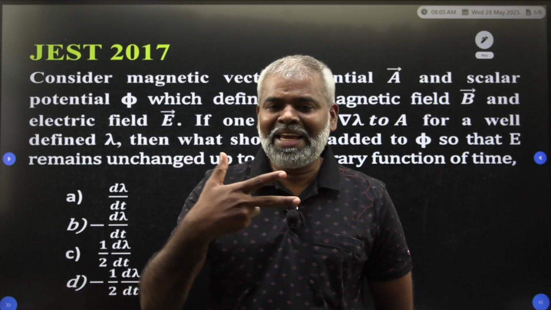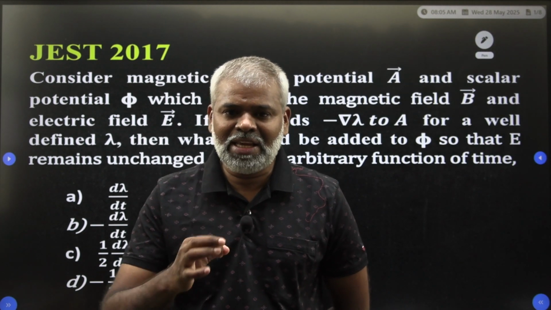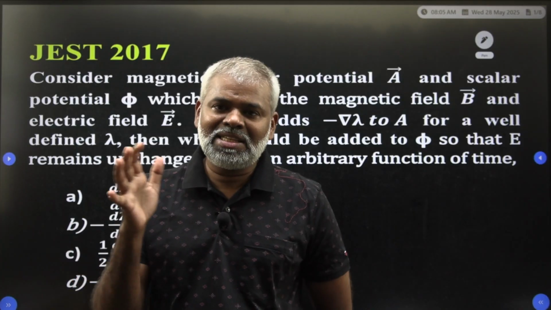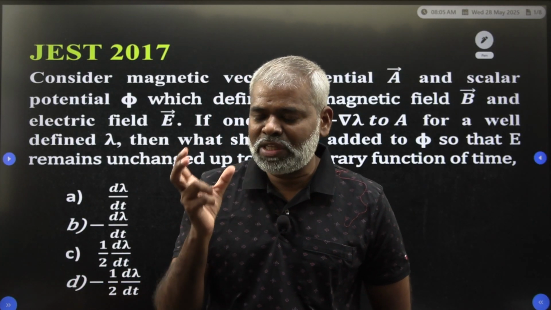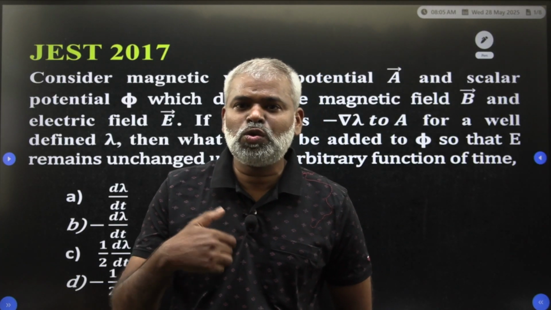Suppose you take two sets of potentials: one is V and A, and V dash, A dash is another set. These two sets of potentials can transform from one set to another.